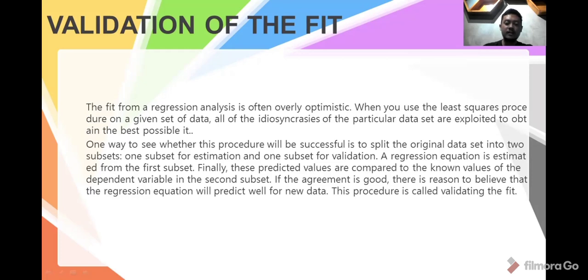One subset for estimation and one subset for validation. A regression equation is estimated from the first subset. Finally, these predicted values are compared to the known values of the dependent variable in the second subset. If the agreement is good, there is reason to believe that the regression equation will predict well for new data. This procedure is called validating the fit.